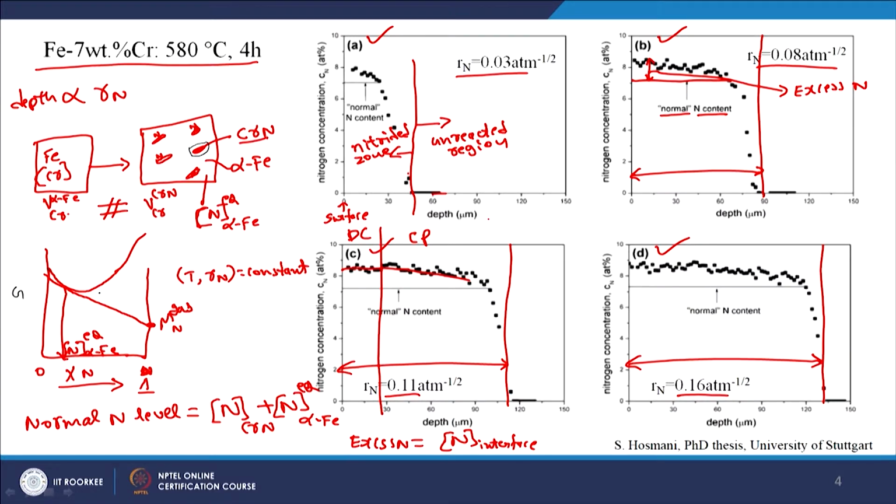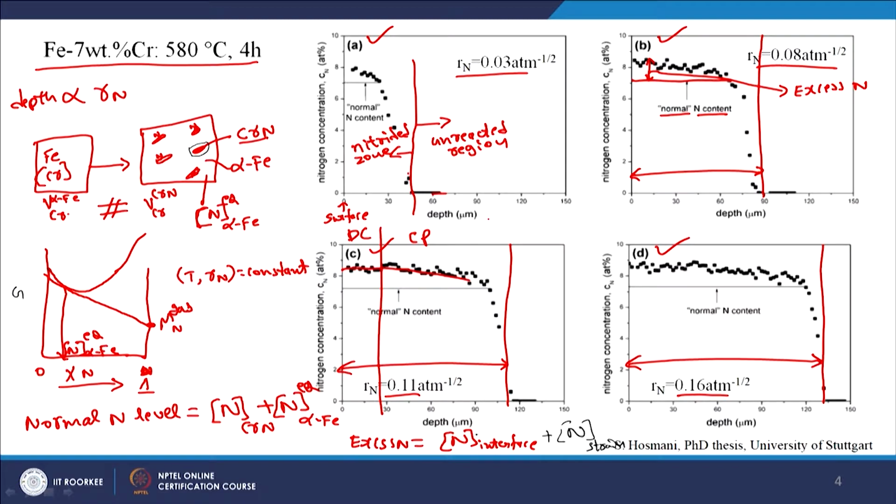Now, due to the strain fields, we will change this curve, so your common tangent will intersect at a different location, and that would lead to an increased level of nitrogen, called N strain.